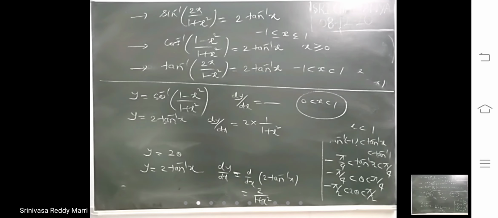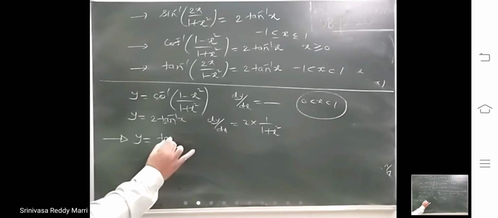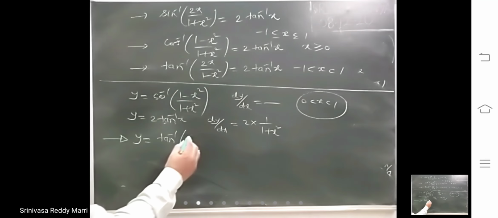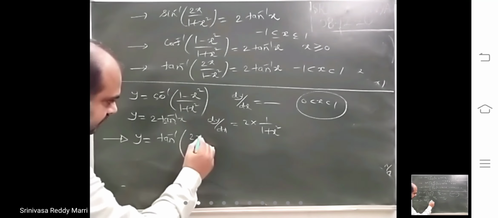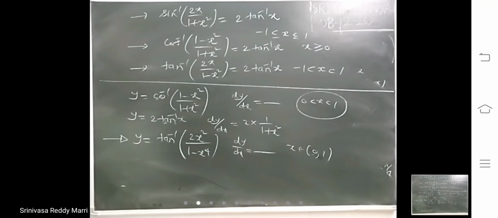Suppose he will ask indirectly. Look, he will ask indirectly: y equals tan inverse of 2x square divided by 1 minus x square whole square, dy by dx equals dash, x belongs to 0 comma 1. You have to identify with this formula.